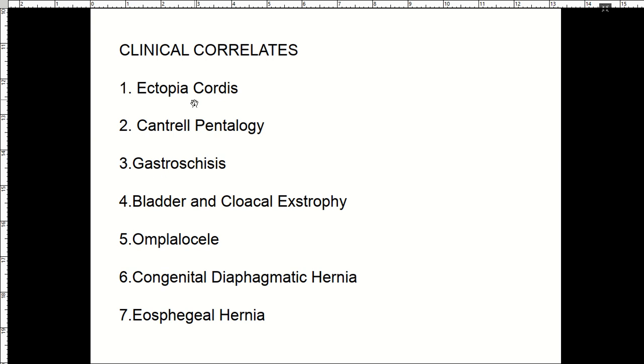Two, pentalogy of Cantrell. Pentalogy of Cantrell is a combination of five deformities. That's why it's called pentalogy, five.